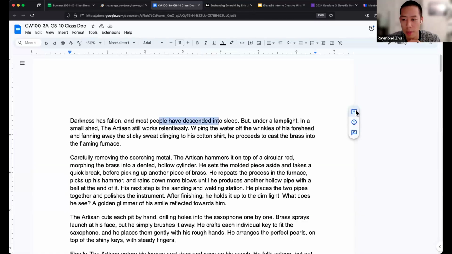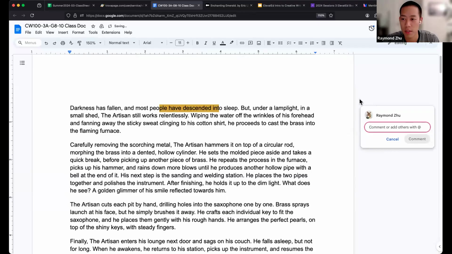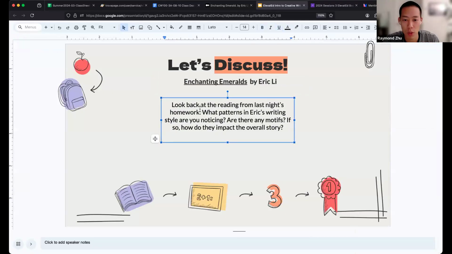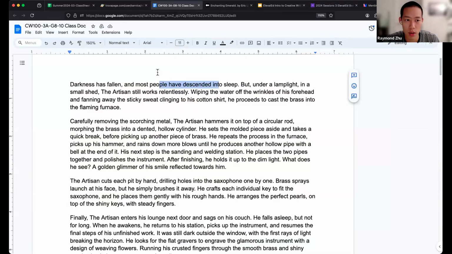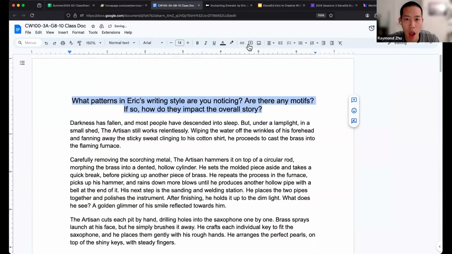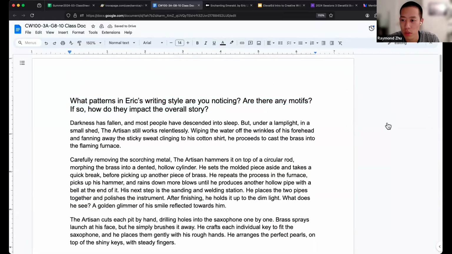So highlight, comment something. And what I want you guys to point out is, what flow patterns are you noticing? Are there any motifs? If so, how do they impact the overall story? So I will share this link with you guys.